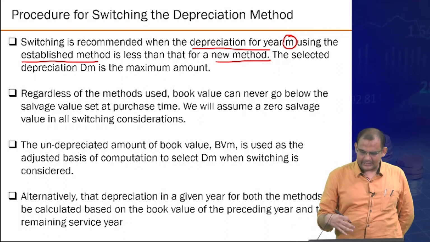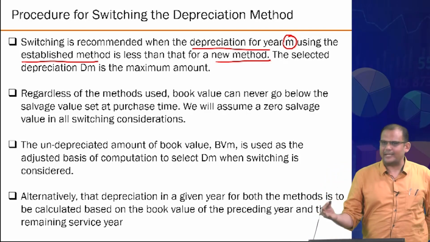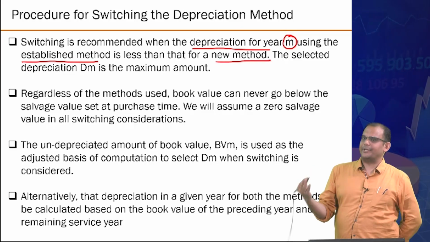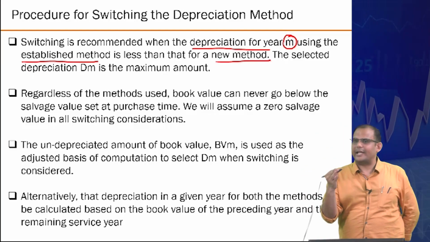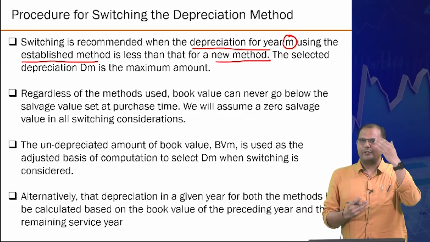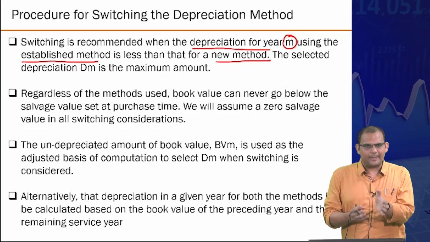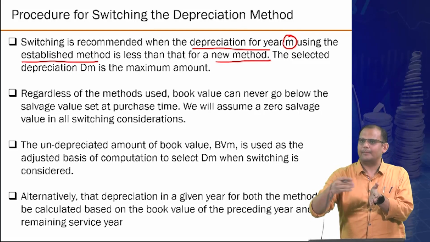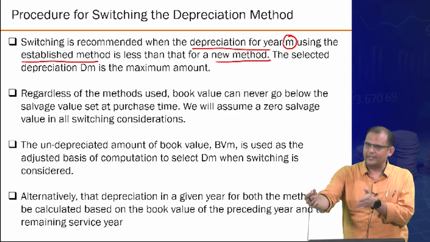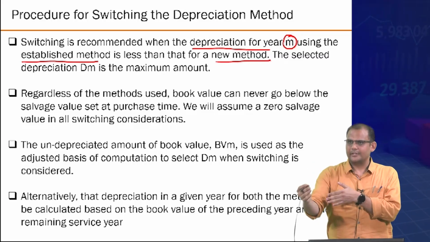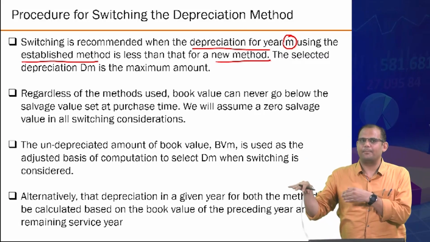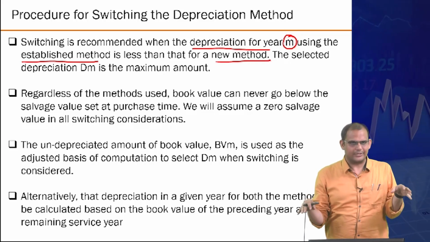In that case, you choose the method which will give you the maximum depreciation. So, at any point of time M, if you are calculating using the current method and you see that slightly higher depreciation is allowed by the other method, you switch to that method in order to maximize your present worth of the entire cash flow series.